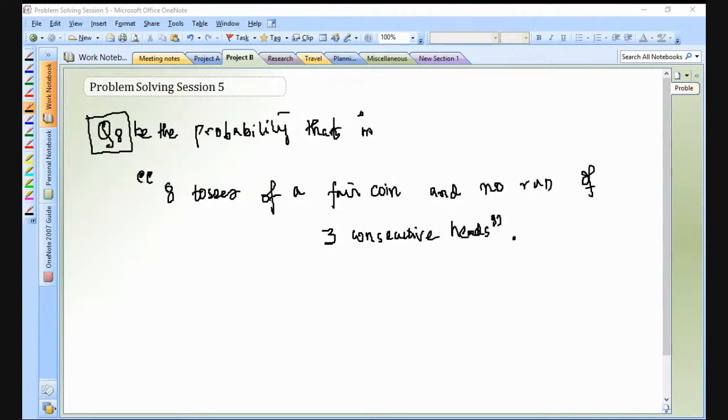No. We have to find the probability of the event that no run of 3 consecutive heads occurs. This means that only 0, 1 or 2 consecutive heads are allowed.